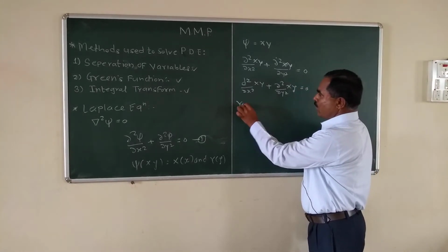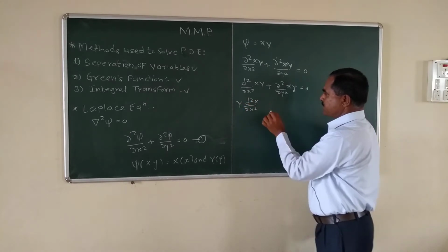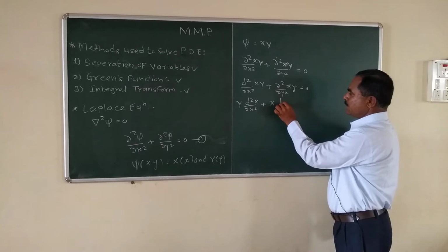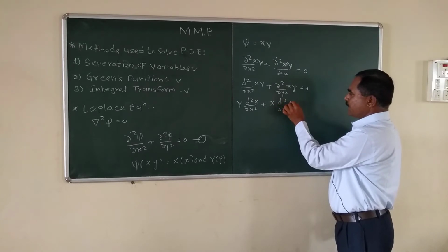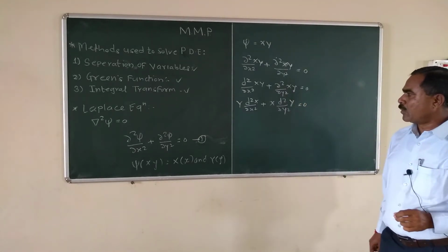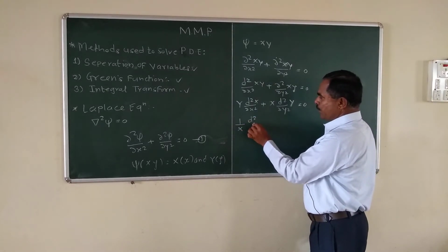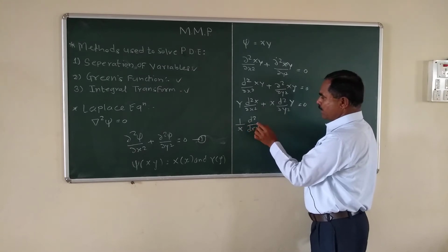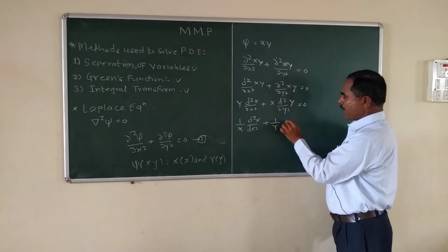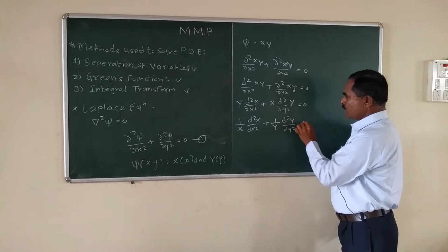Then Y d2 by dx square of X plus X d2 by dy square of Y equal to 0. Then we divide throughout by XY. So we get 1 upon X d2 by dx square of X plus 1 upon Y d2 Y by dy square equal to 0.